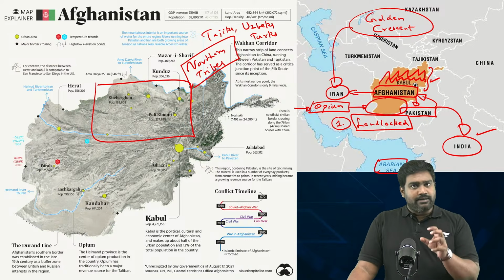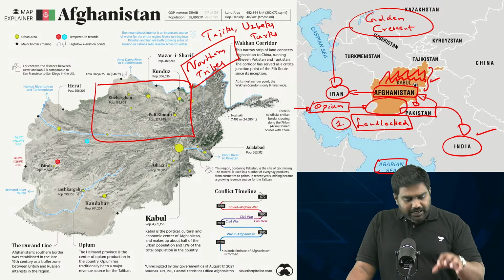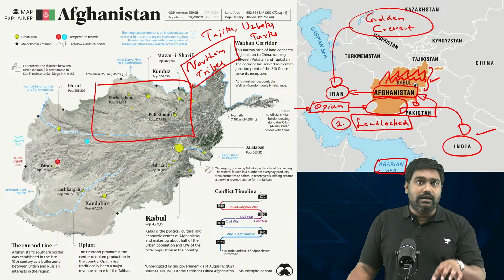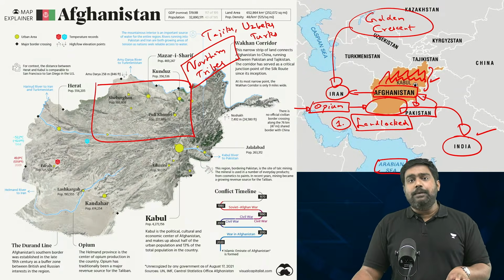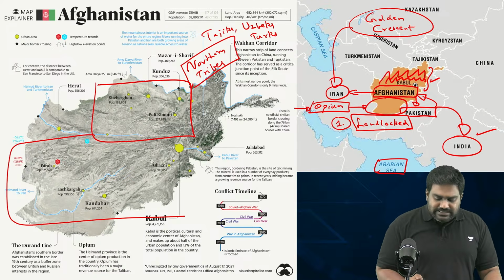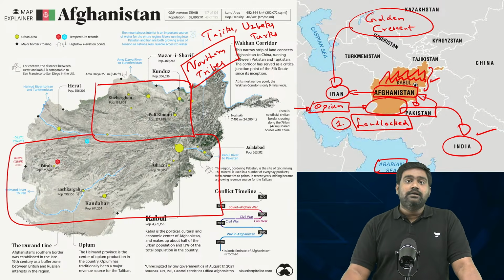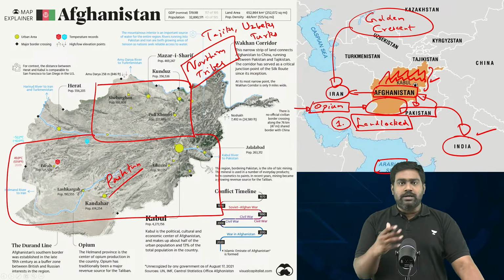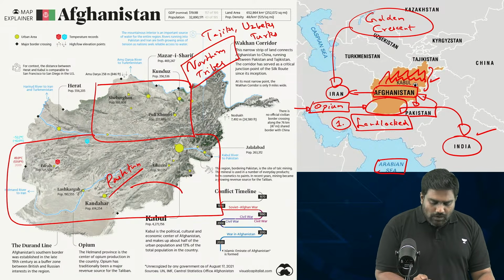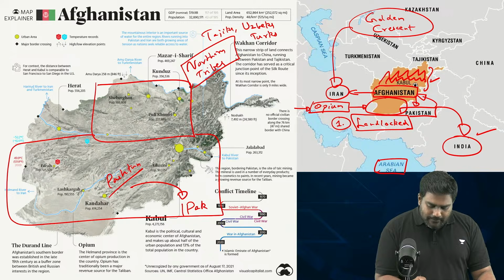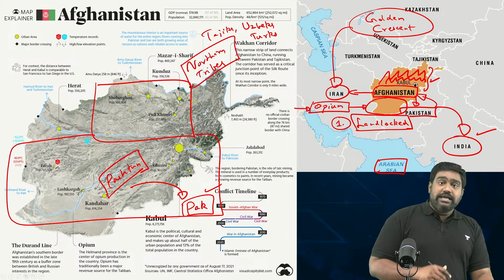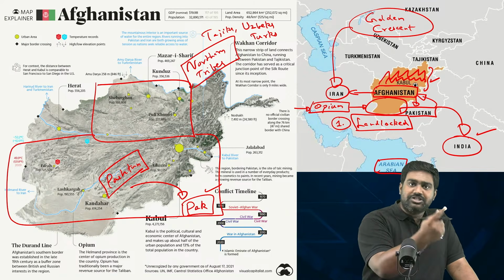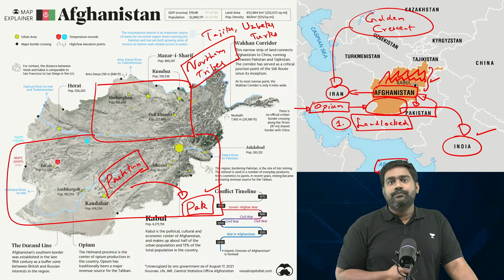These northern tribes are smaller in number, but they dominate the northern parts and they have historical links with Central Asia. The southern, eastern, and today even western parts of Afghanistan are dominated by the Pashtun ethnic tribe, which is also found on the other side of the border in Pakistan. So there is a history of rivalry and enmity between the Pashtuns and the Tajiks, the Uzbeks, and the Turks.